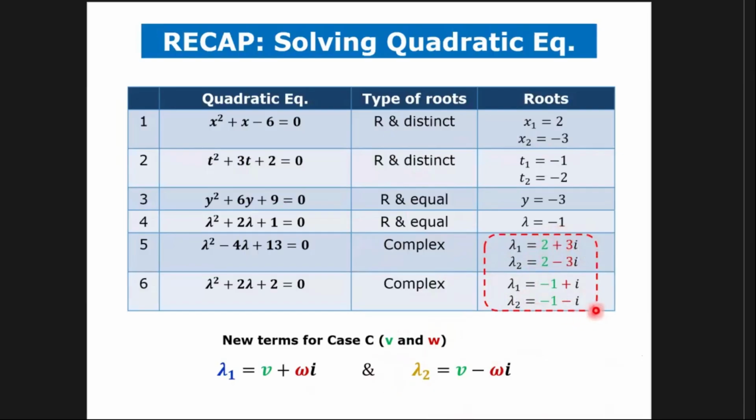So from these values, we have new terms for the complex case. So we have V and W. V and W can be obtained from lambda 1 and lambda 2. V is the real number and W is the imaginary number in front of the i term.